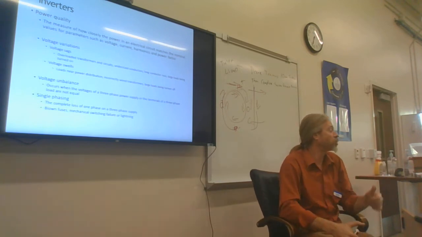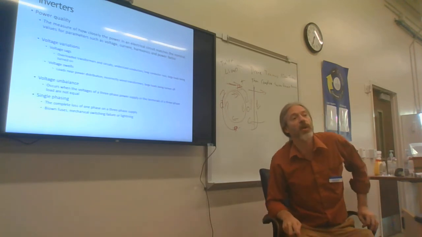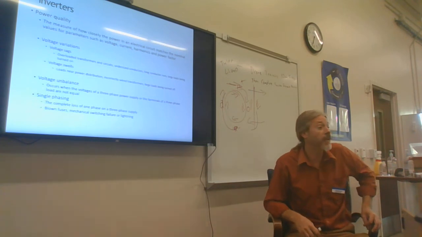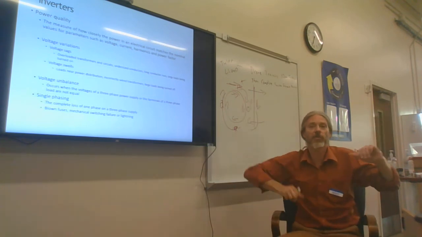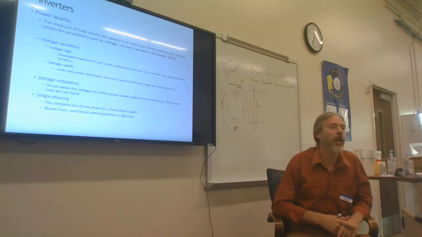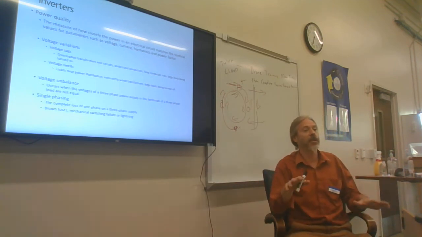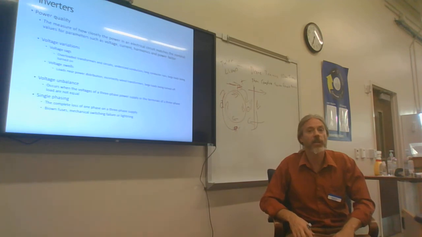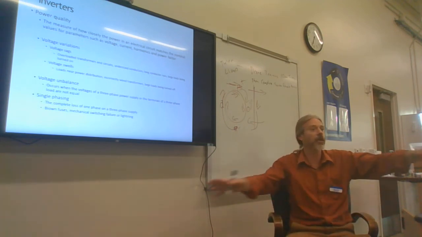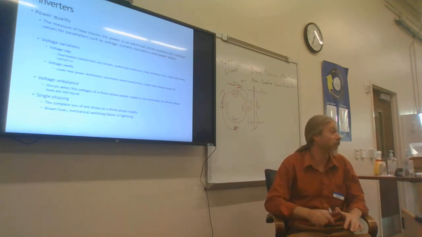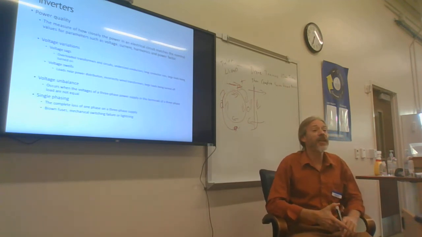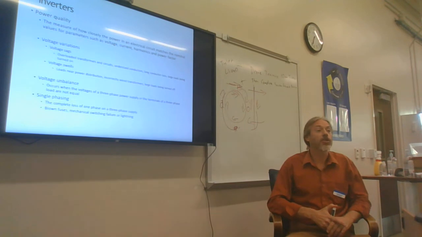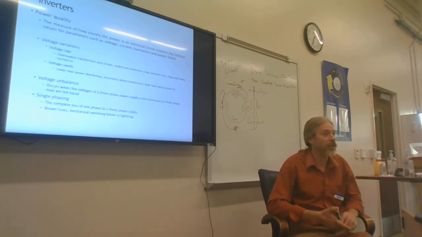We also have voltage swells, and voltage swells can be caused by large loads being turned off. A factory shuts down, they flip a switch, and everything turns off. All that electricity on the grid that was being used to power that factory, where's it going to go? It's going to go to the other places, and you're going to have a voltage spike or a voltage surge. This can also be caused by storms and induction.